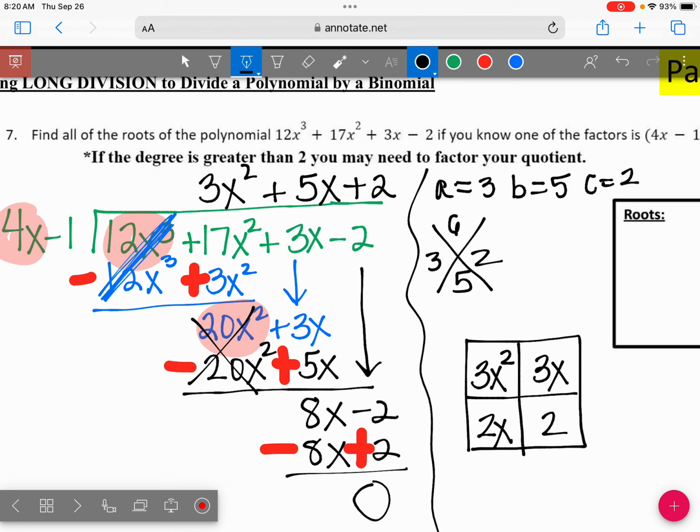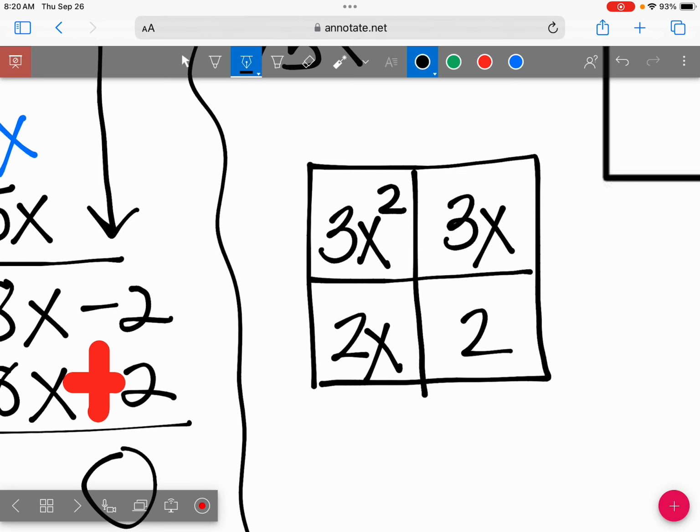Go ahead and take out your GCFs. Go 2 squares at a time. So the top row, we could take out a 3x. The bottom row, a 2. So that means I have 3x plus 2 equals 0.